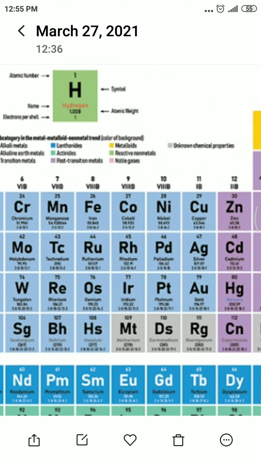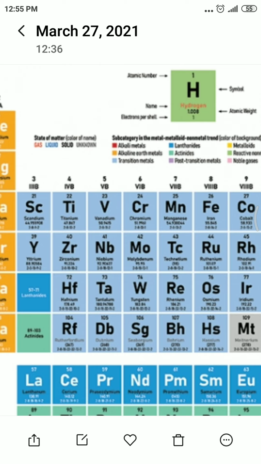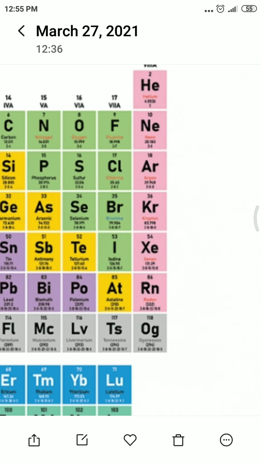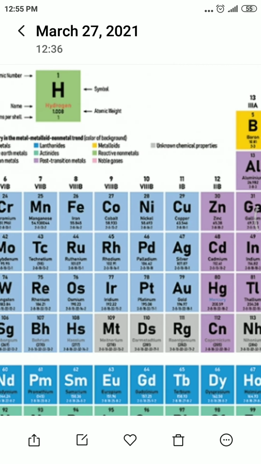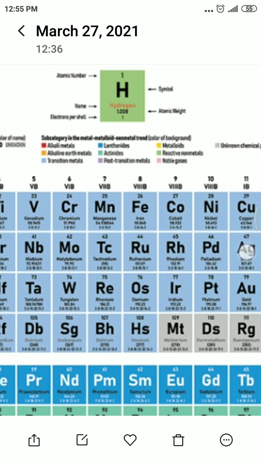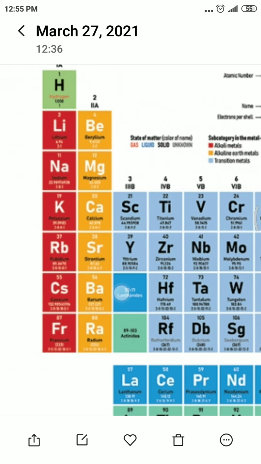What I am trying to come up with is this: I always used to think that the two-dimensional representation of the periodic table is not correct, because in a two-dimensional representation, these f orbitals cannot be included.